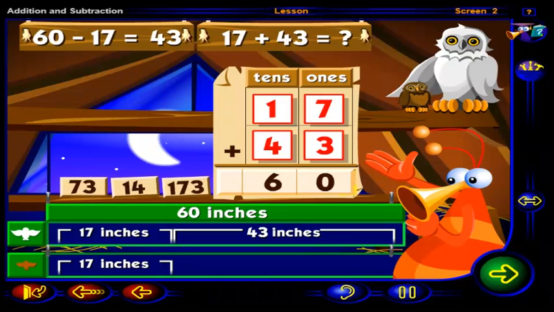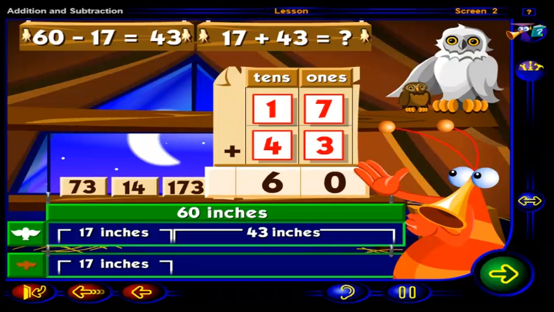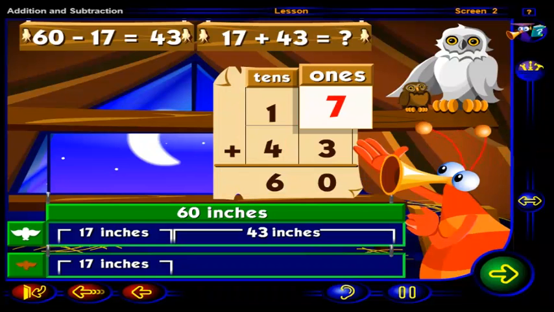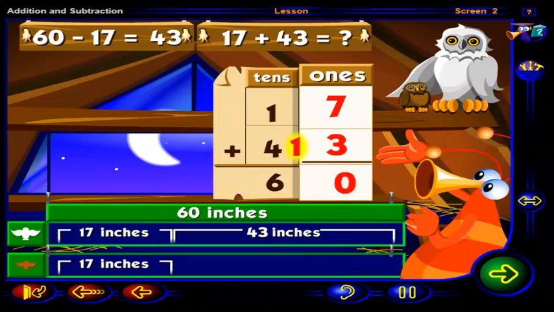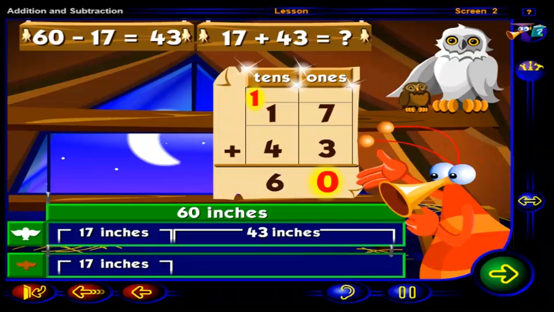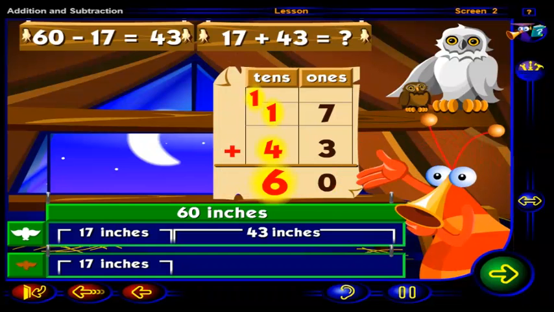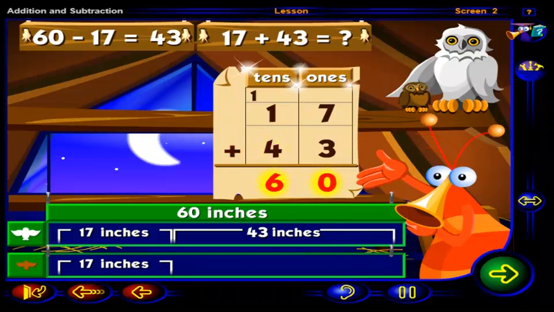That's right. The sum of 17 and 43 is 60. 7 ones and 3 ones is 10 ones, and we can regroup 10 ones as 1 ten and 0 ones. 1 ten plus 1 ten plus 4 tens is 6 tens, and 6 tens and 0 ones is the number 60.